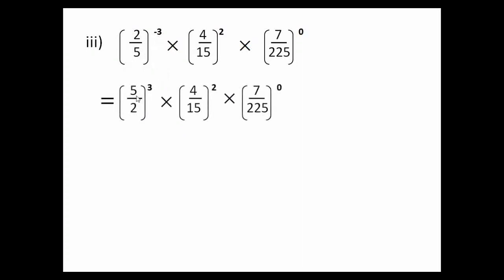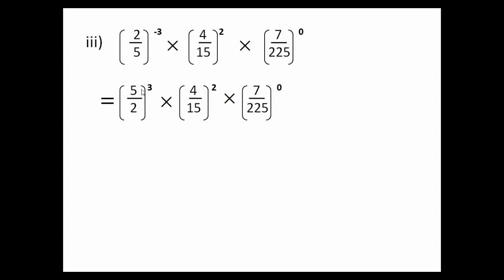So 2 by 5 will become 5 by 2 whole raised to the power 3, just the reciprocal of this to make the exponent positive. And after this we can observe that here (7 by 225) whole raised to the power 0 is given, and anything raised to the power 0 is equal to 1, we know.